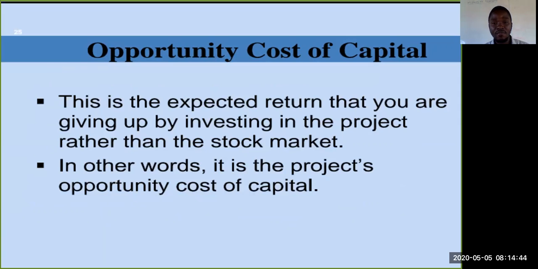Hence, if we are making an investment, we have to compare two given values in similar terms, in similar time periods. If you are comparing a present value, you have to make sure that you compare it to a present value.